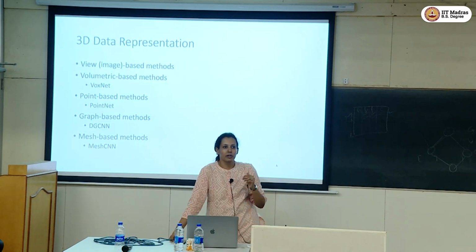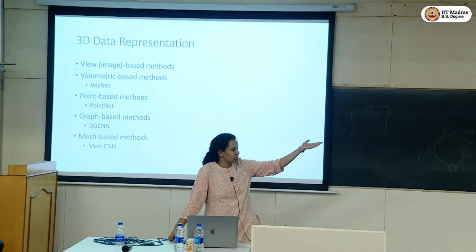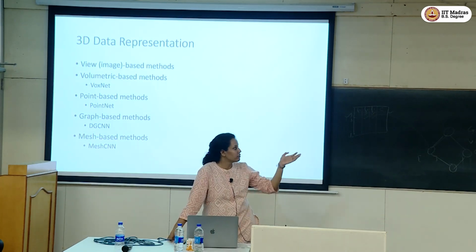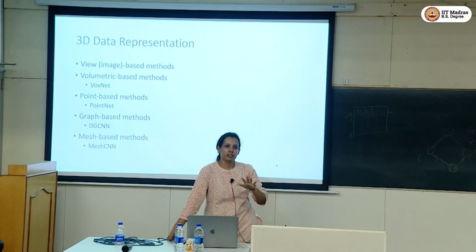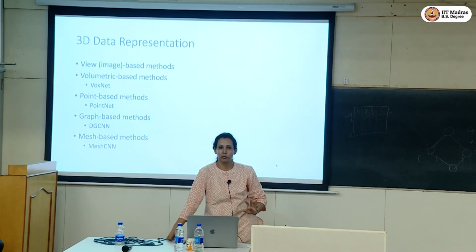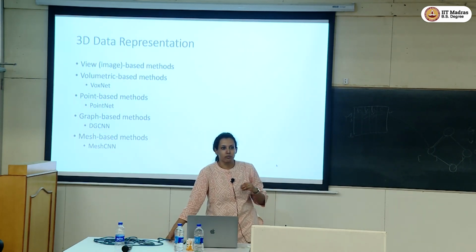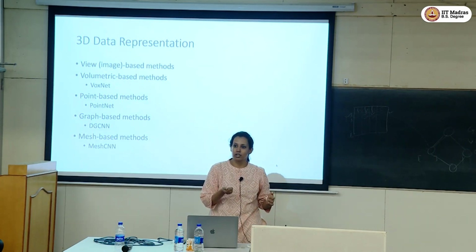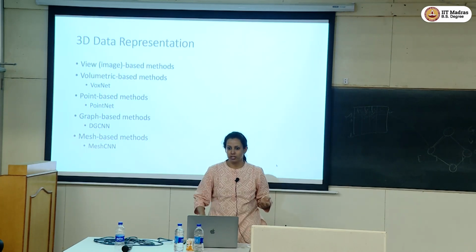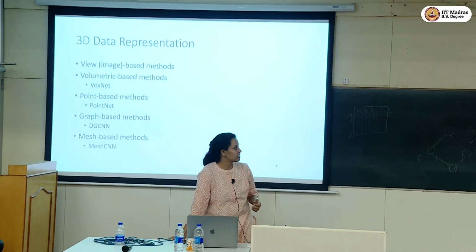And then volumetric had some problems, so the point-based method, PointNet, which is a very popular method, came, which was saying that there is no problem if you directly apply a convolution operation to a point cloud, which is permutation invariant. Then more graph-based methods came, where they say that in a point cloud you construct a KNN graph and you apply message passing. Can it do better?